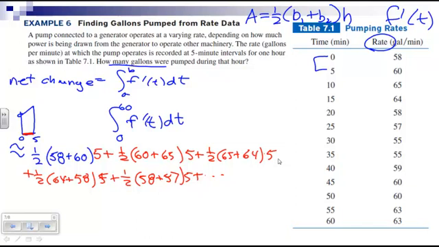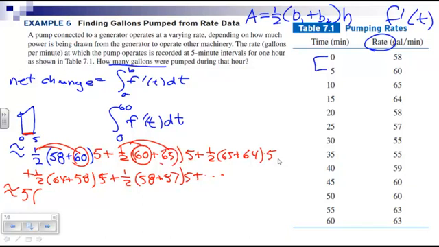But what did we learn? We can factor out a 5. And if we distribute the 1/2 through each one of those terms, we end up with a 1/2 of 60 and another 1/2 of 60. We get a single 60 out of that.